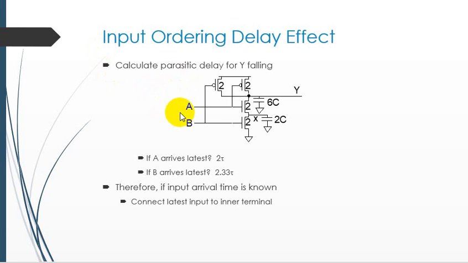Firstly we consider the following output transitions, when both the inputs are held at a stable 1 and the other rises from 0 through the NMOS transistor to the input A. The Elmore delay is basically 7RC, and therefore if the input arrival time is known, then we can find out the least input to the inner terminal.